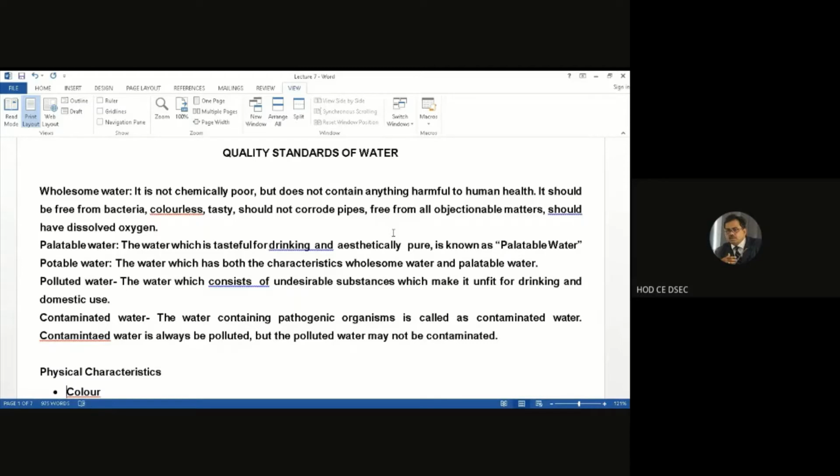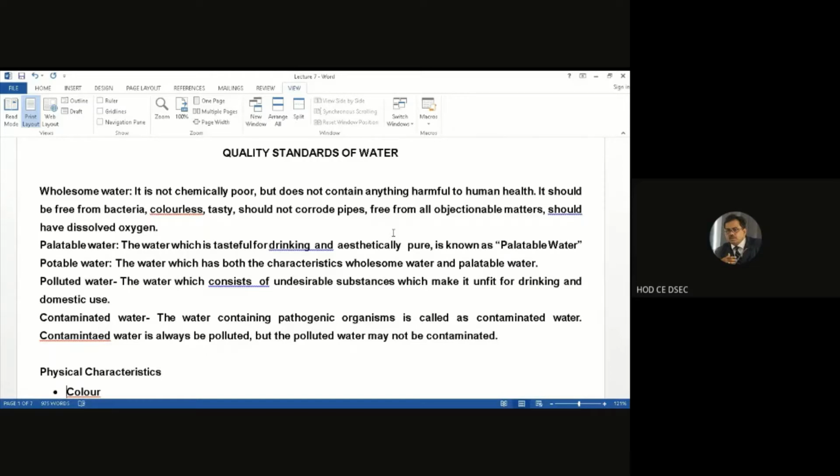Not only that, it does not carry any impurities which are detrimental to our health. It is not carrying any content which is harmful to human health. So a combination of the wholesome water and the palatable water is called the potable water.